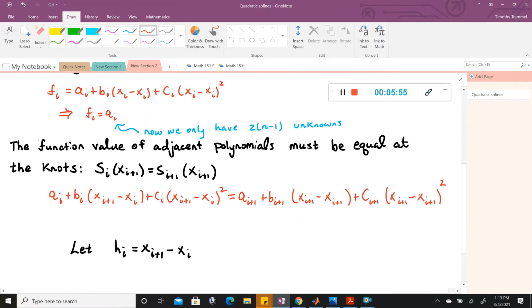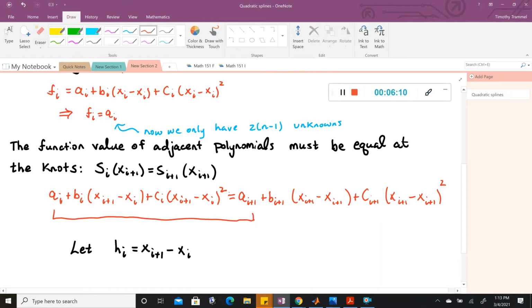And you can see we get a little bit of cancellation there on the right-hand side. This is going to be 0, this is 0. And so what we're left with is really just this right here.